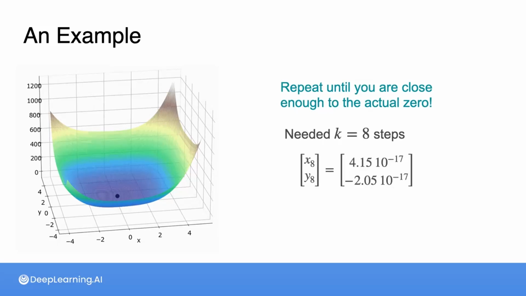The 8th iteration is 4.15 times 10 to the minus 17 and minus 2.05 times 10 to the minus 17. This is an awfully small number. It's really, really close to 0, 0. And 0, 0 is actually the optimal point you were looking for, because that is the root of the function. So as you can see, just like with one variable, Newton's method in 2 variables is a really fast method to approximate really closely the zero of a function.